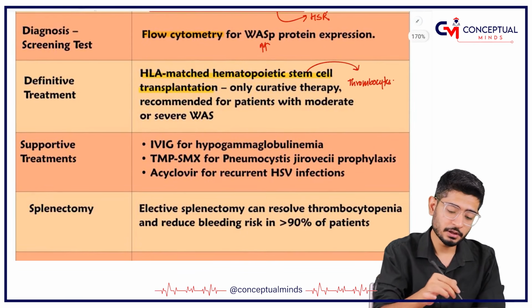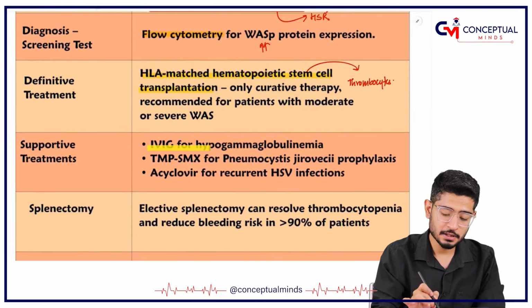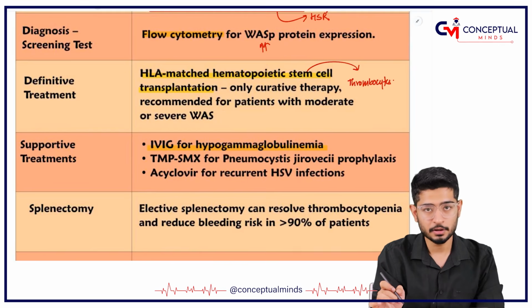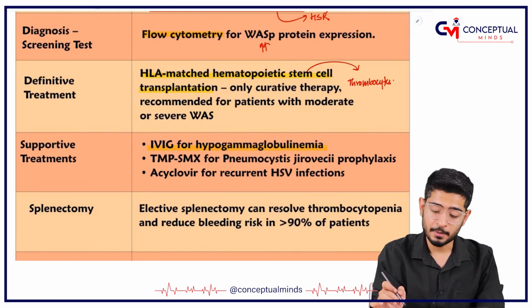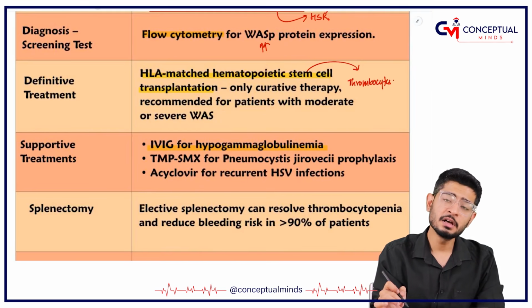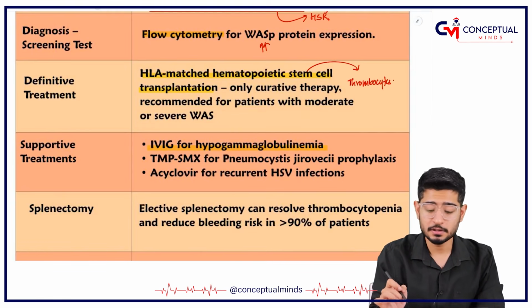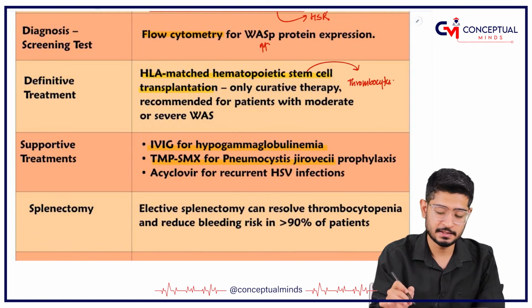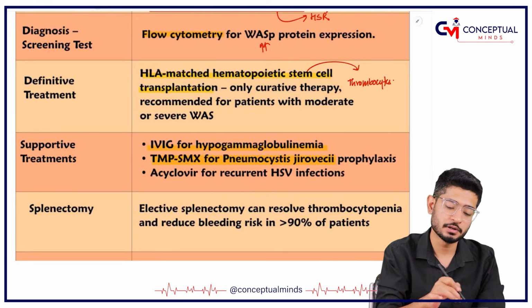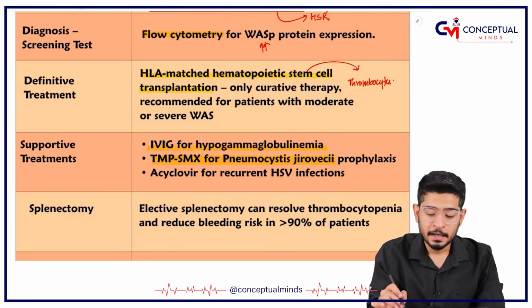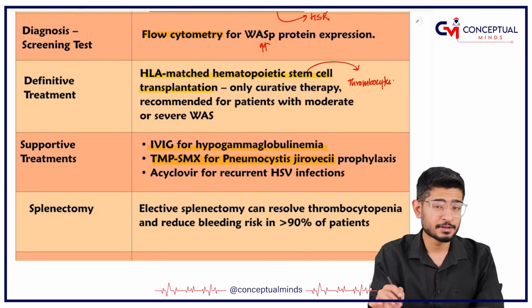What are the supportive treatments? So remember, IV immunoglobulins (IVIG) have to be given for hypogammaglobulinemia. Then Pneumocystis jirovecii is a very serious disease which happens in Wiskott-Aldrich syndrome. So this is actually important.